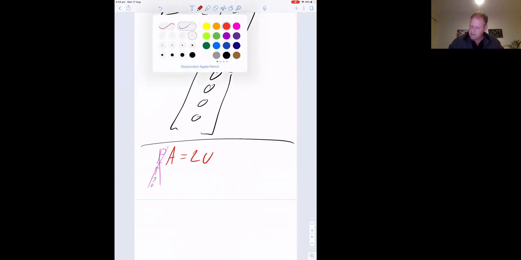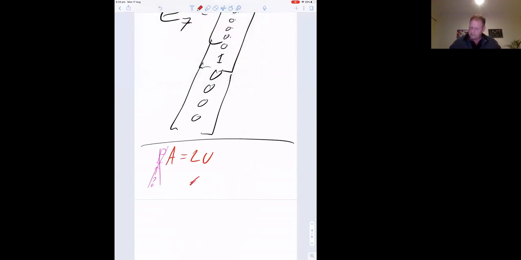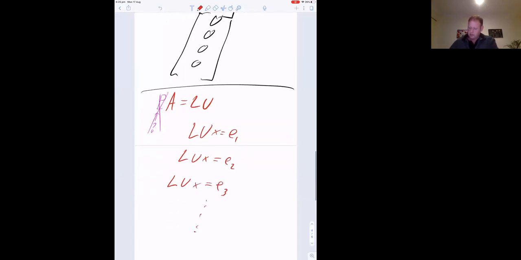Then you can solve LUx equals e1, LUx equals e2, LUx equals e3, up to LUx equals en.